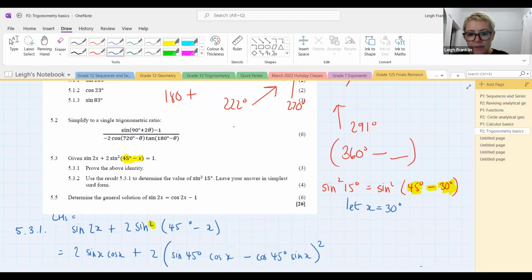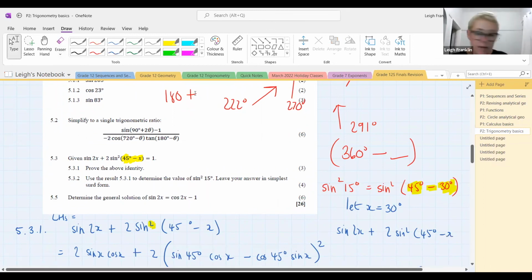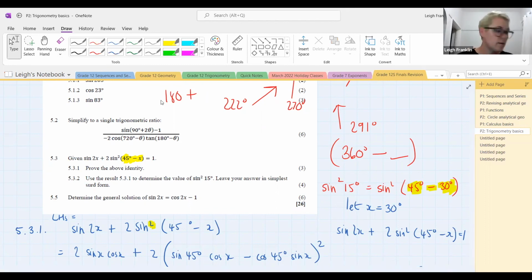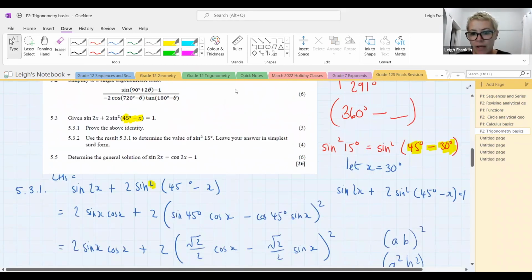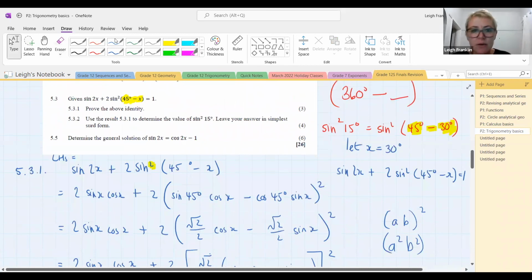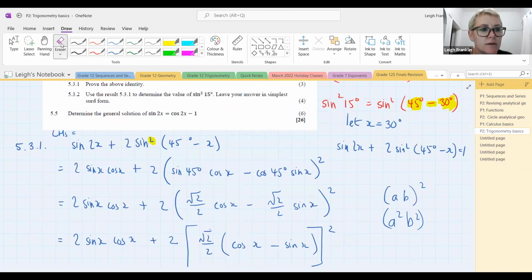So what that means for us is that sine 2x plus 2 sine squared of 45 minus x equals 1. Now let's sub in our 30. Sorry, guys, we're running out of space here.